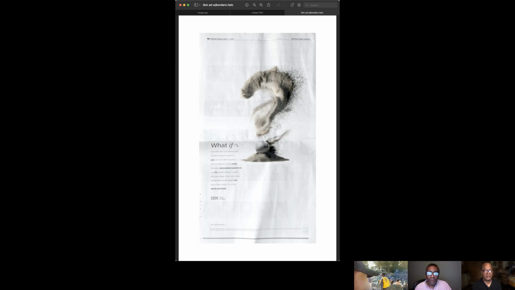I looked around to see what kind of image I could find that really illustrated all of these definitions really well. And so you have an advertisement that's composed of multiple images in a way that's very obvious, and it's also creating another image, because sand is not a question mark.